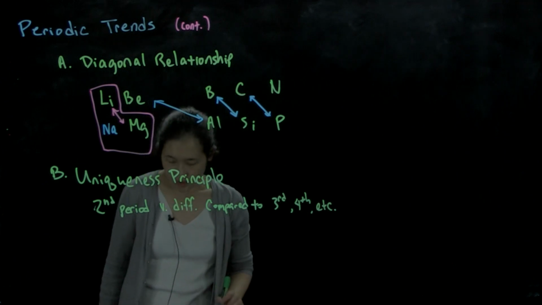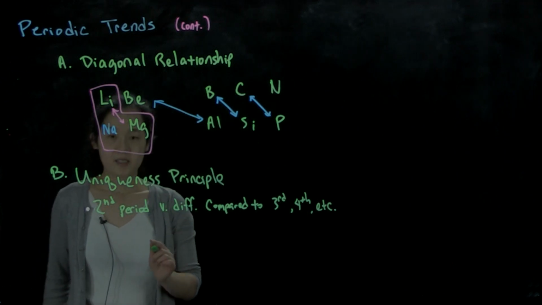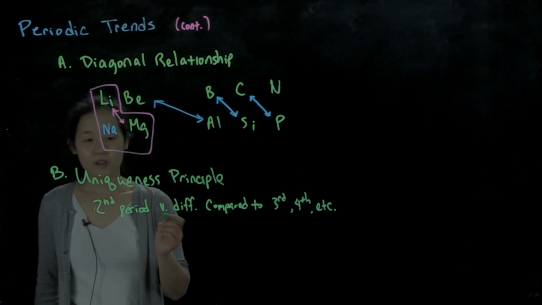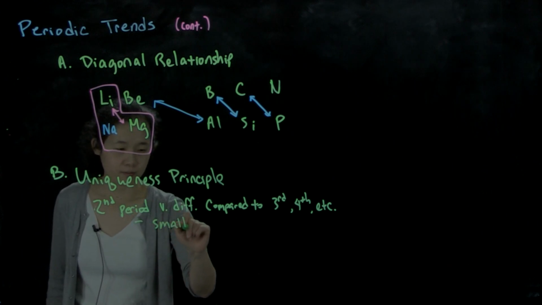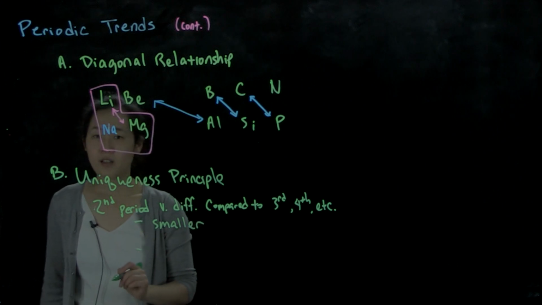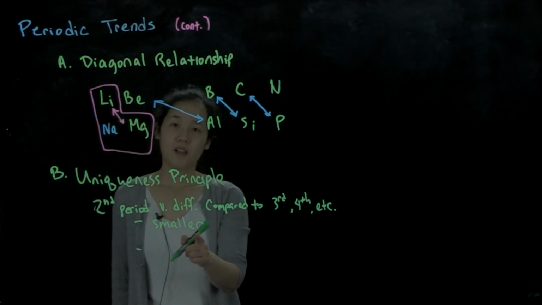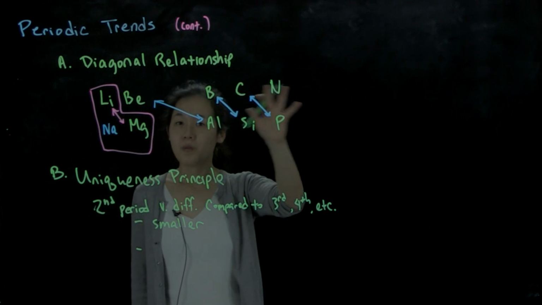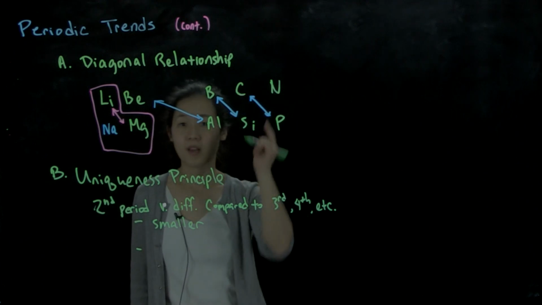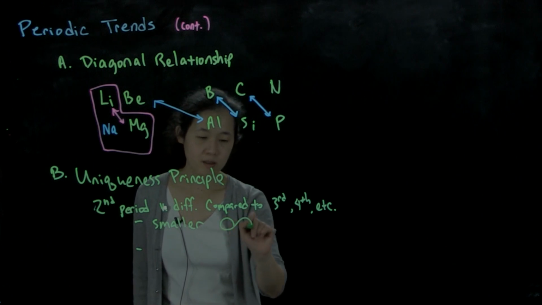Okay. So the major reason is that they're so small. The reason they're smaller is, again, we're in the second shell, but more importantly, if we think about the 2p elements, we're filling 2p orbitals.